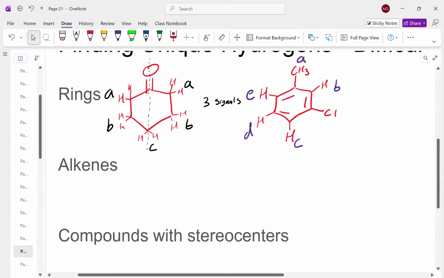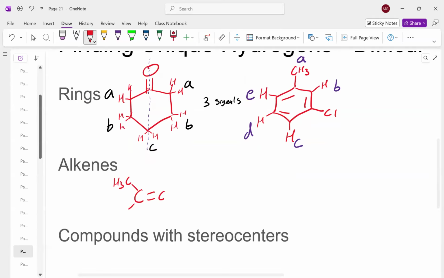All right, another type of complex or difficult example is dealing with alkenes. The reason alkenes are somewhat difficult is because you cannot rotate around a carbon-carbon double bond. If you don't believe me, build a model kit of an alkene and try to rotate that double bond around.